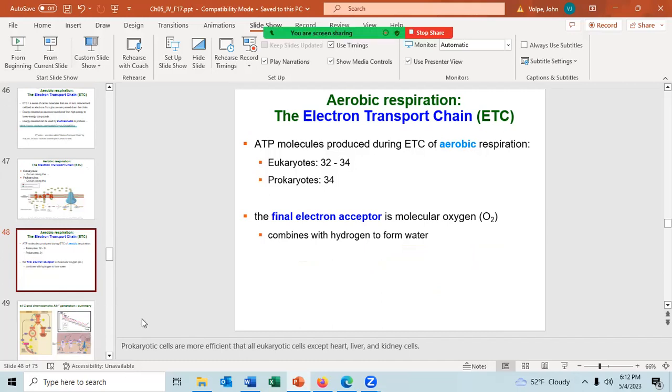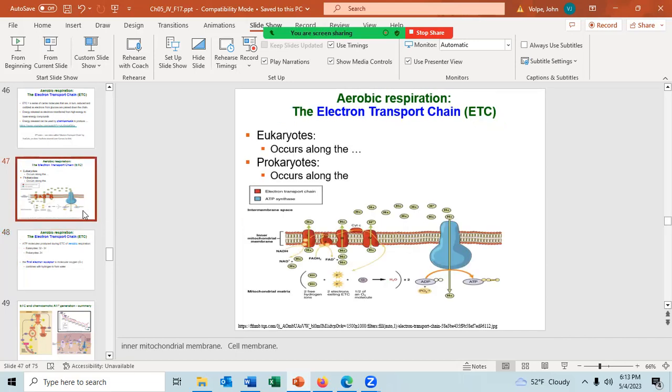Most cells can only generate 32 ATP molecules per molecule of glucose, but the heart, the liver, and the kidneys can generate 34 molecules of ATP per molecule of glucose. And you don't need to know why, but in the heart and the liver and the kidneys, the NADH coming from the cytoplasm in glycolysis stays as NADH. And let me blow this up.